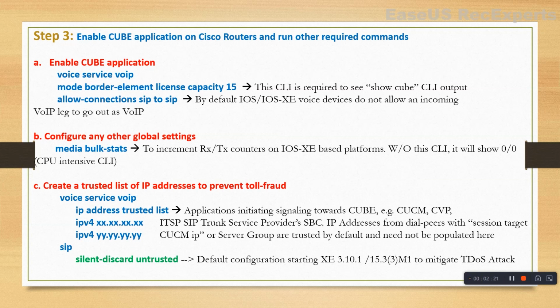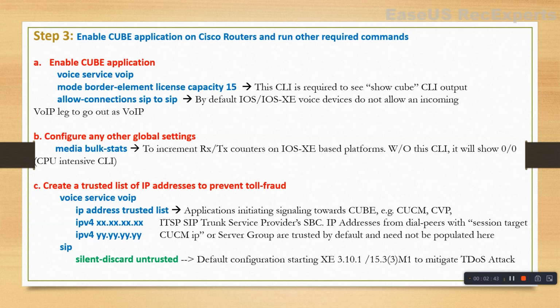Now the third step is very important. We have to add all the trusted IP addresses in the CUBE. So we have to tell our CUBE that these are the IP addresses that you can trust. That means you can receive calls from these IP addresses.